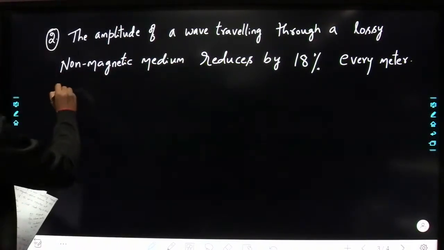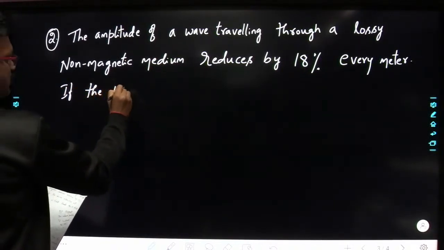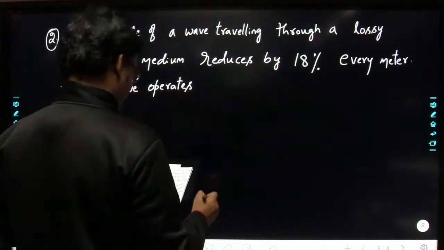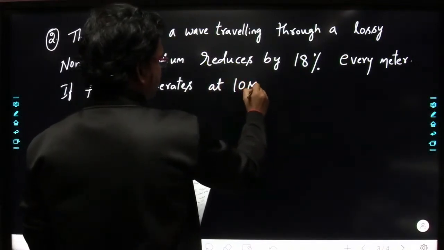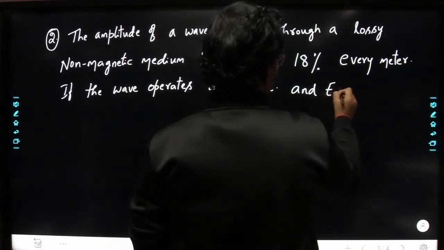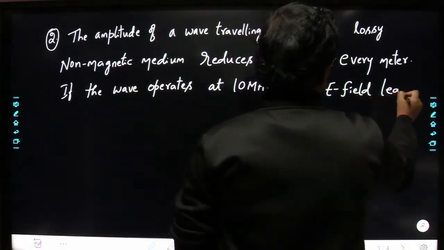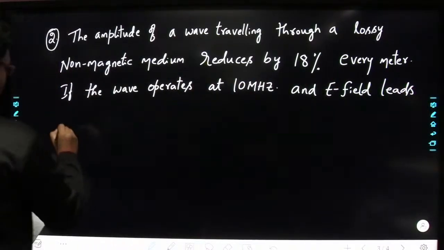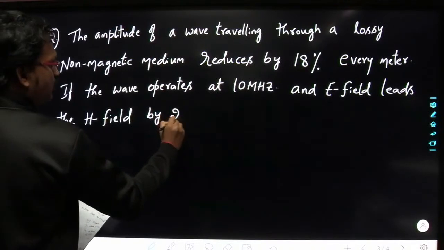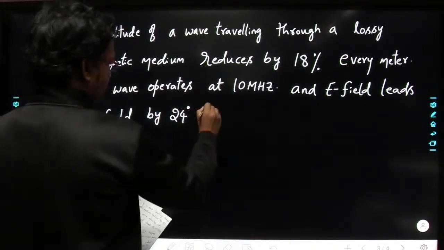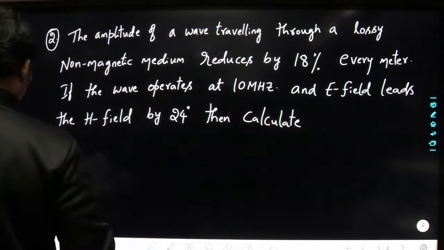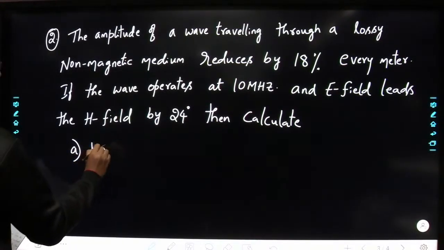Okay. If the wave operates at 10 megahertz and the electric field leads the H field by 24 degrees, then calculate the propagation constant.